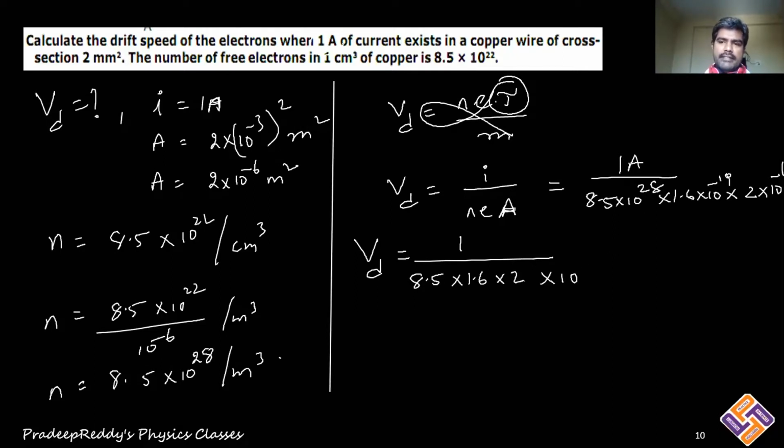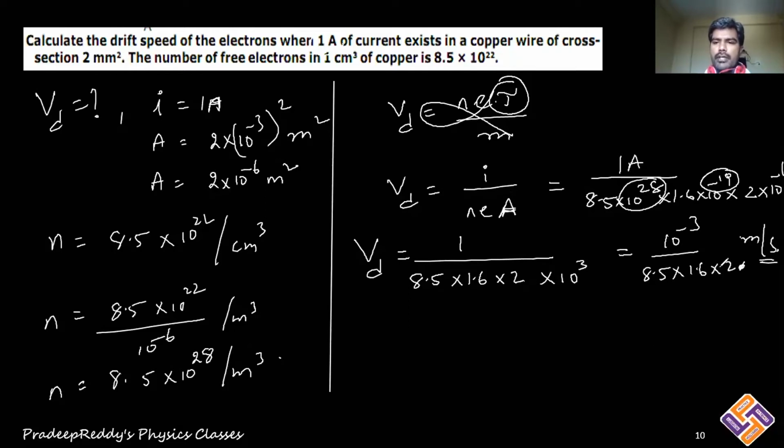First I'll eliminate the powers of 10. 10 power minus 19 goes here, so it becomes 9, and from that 9, the minus 6 goes. What remains is 3. So this is 10 power minus 3 divided by 8.5 into 1.6 into 2. This will be the final expression, in meter per second.